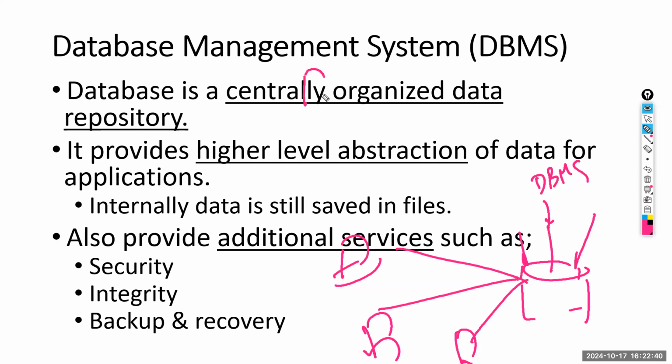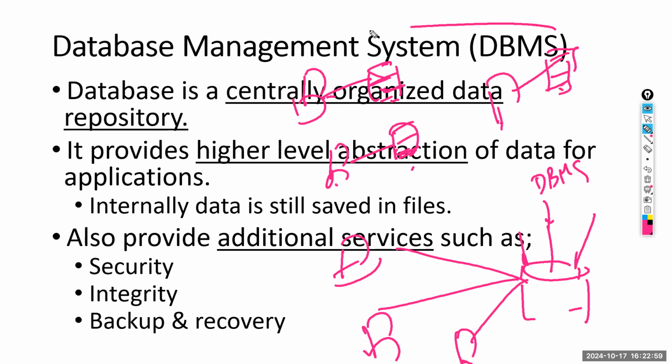In the file-based approach, our applications are communicating with files. Most of the time, different applications have different sets of files, and there's no standardization about these files. It's difficult to share files between applications. So those are the disadvantages of a file-based system. What are the disadvantages of a file-based system?